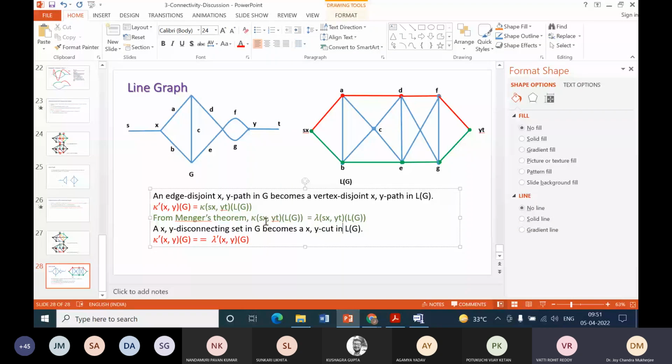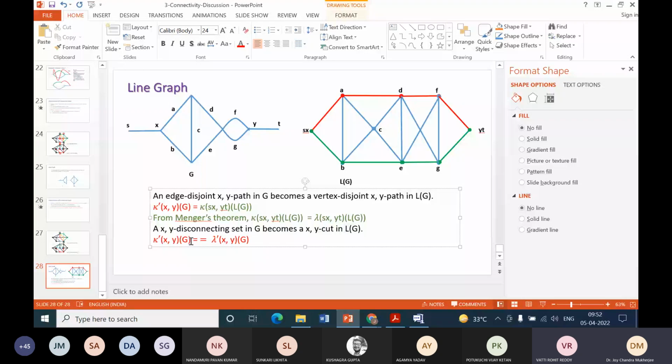I think I have messed up something. I just messed up the notation. So what is chi prime? Chi prime is basically the minimum set of edges, deletion of which disconnects a graph. So chi prime xy in G says that it is a disconnecting set of G. So the minimum disconnecting set of G is defined by chi prime xy.